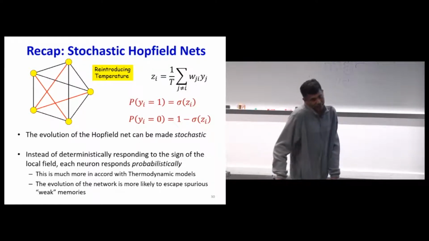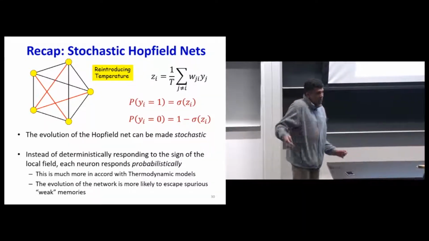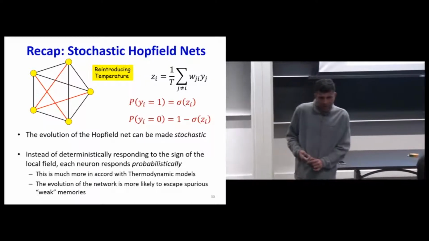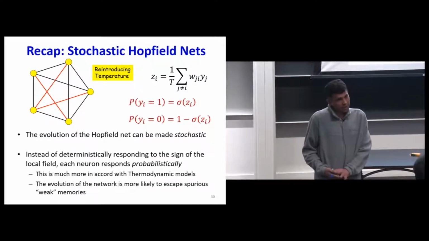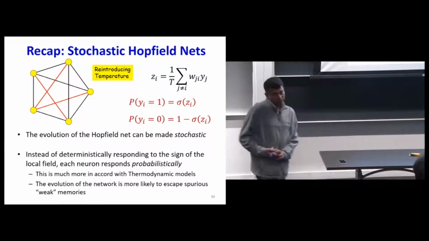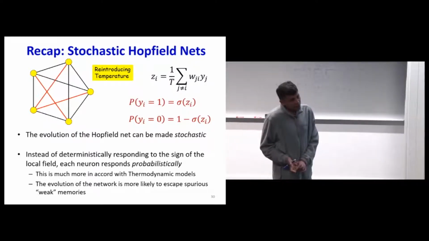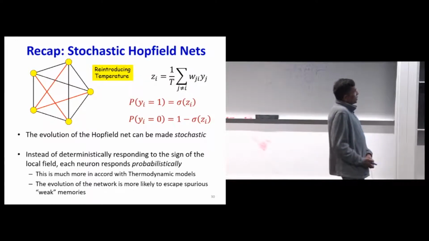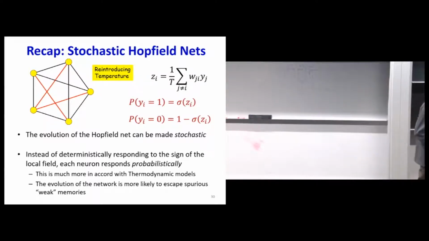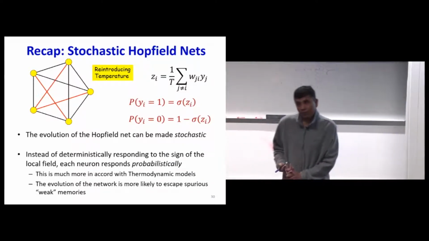The order doesn't matter because you are updating everything. Yeah, that's correct. Exactly. So now here's where we started off in the last class by finding the equivalence with a thermodynamic system. A thermodynamic system has the notion of a temperature. So this was one of the other brilliant pieces of innovation that Hinton came up with when he began working on this, which was that he invoked Metropolis-Hastings and reintroduced the notion of temperature.